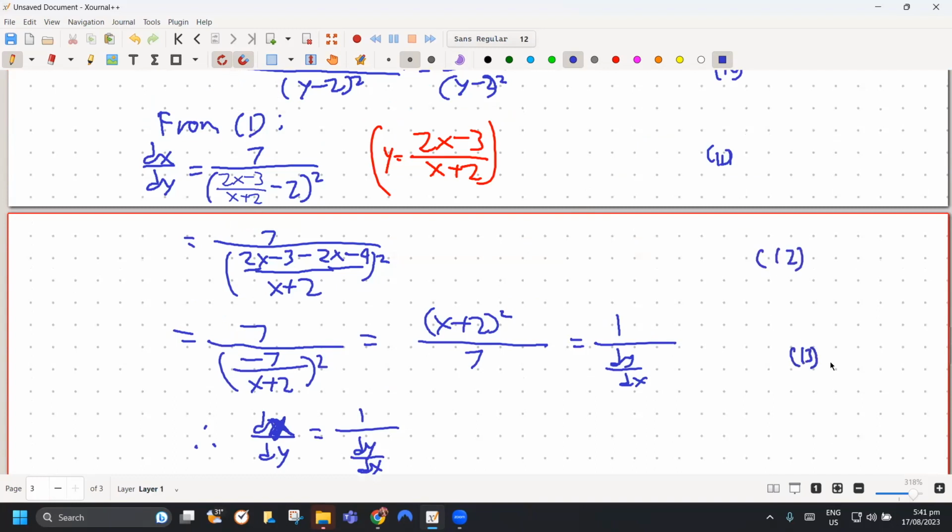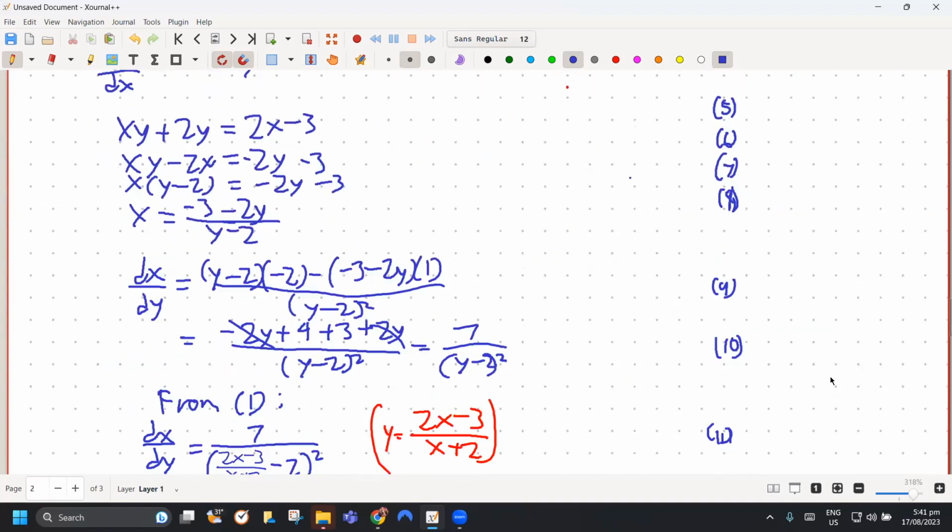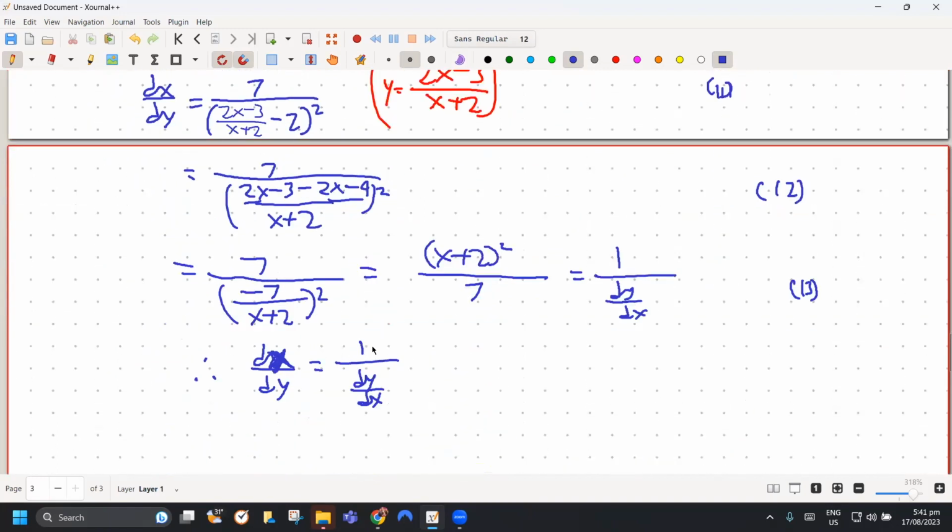Okay, ngayon para ma-conclude mo na x plus 2 square over 7 is 1 over dy dx, anong ginamit mong statement? So from 13 and equation number 4. Kaya mo na-conclude yan.